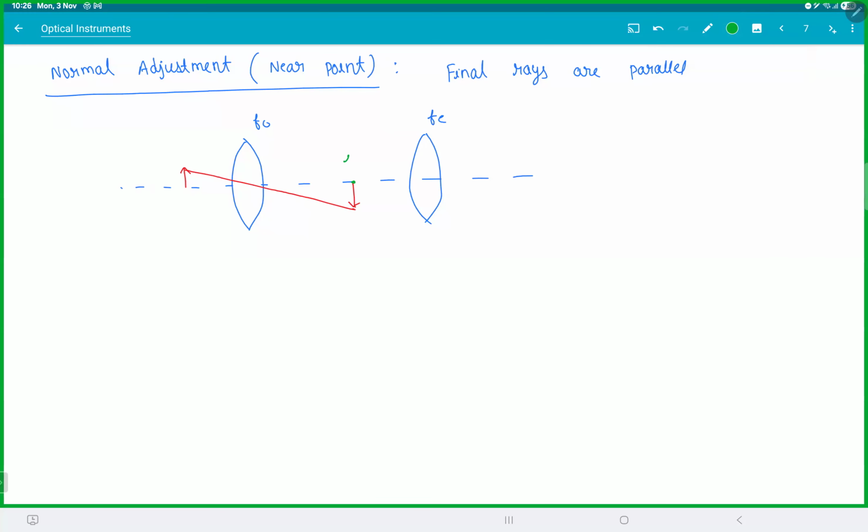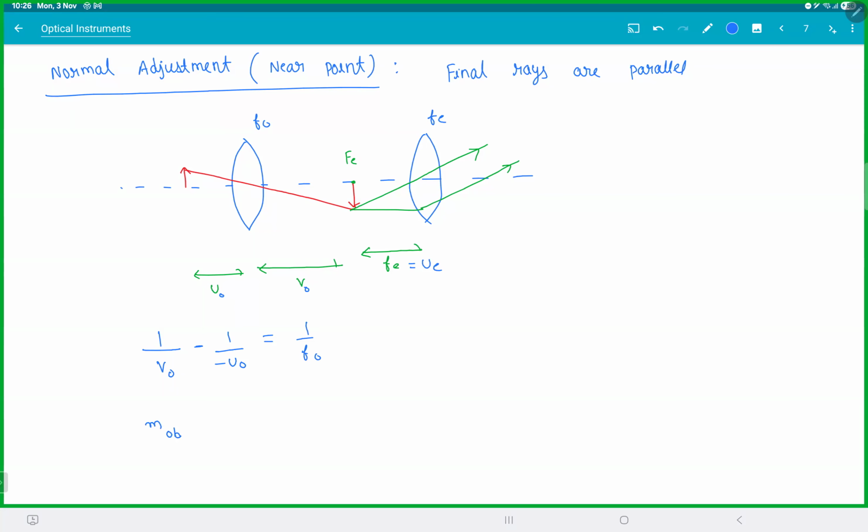Since the final rays are parallel, this must be the focal length Fe. The rays have become parallel. That means this is VE, this is UE. So using the lens maker formula, 1 by V naught minus 1 by U naught is 1 by F naught.